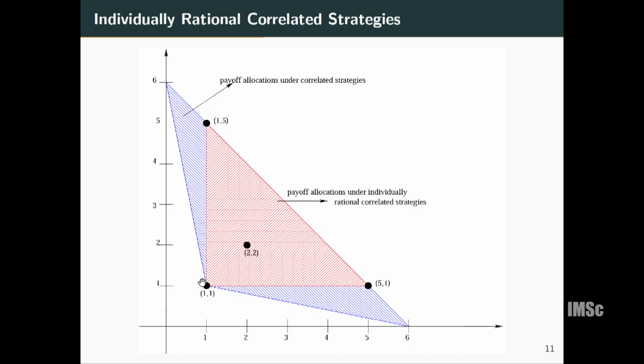My last concept is something called the correlated strategy equilibria. When do you say something is an equilibria? Any equilibria? No intention to deviate. It's as simple as that. So, what do you think will be a correlated strategy equilibria?